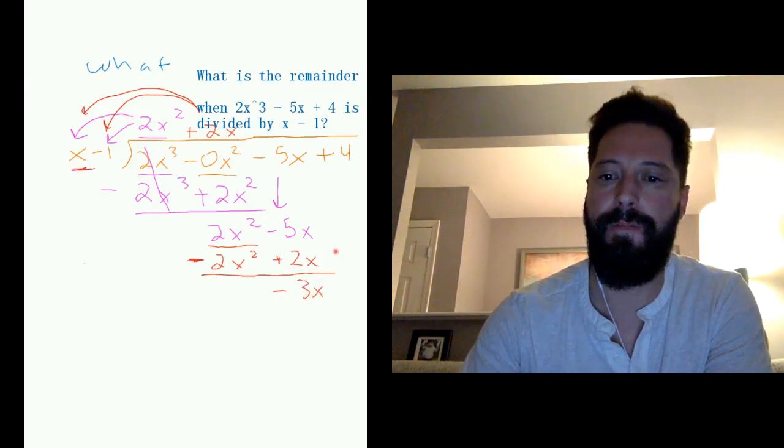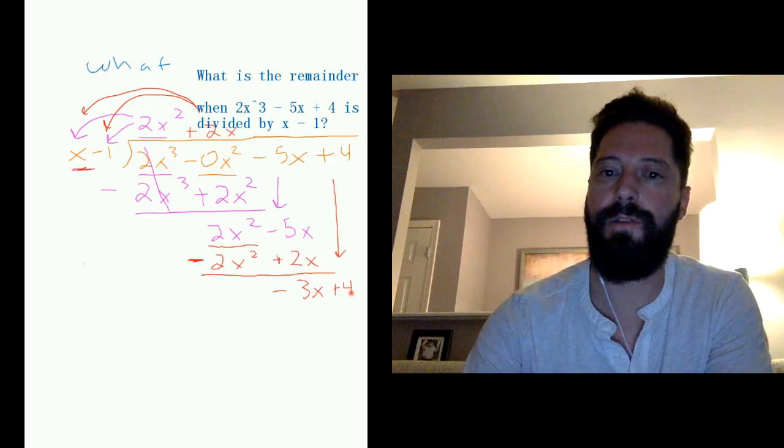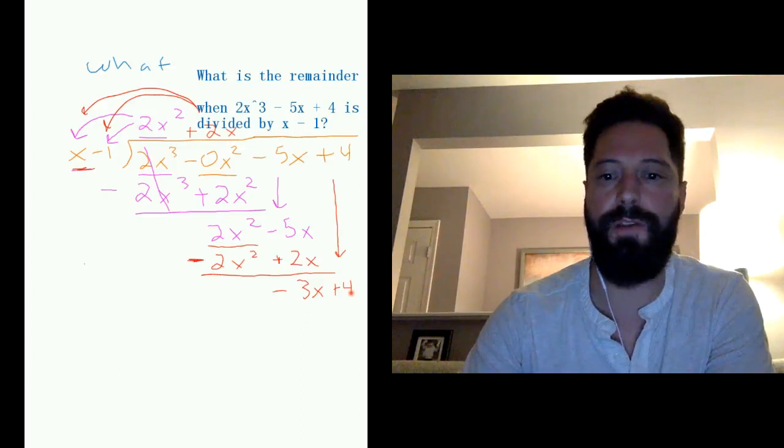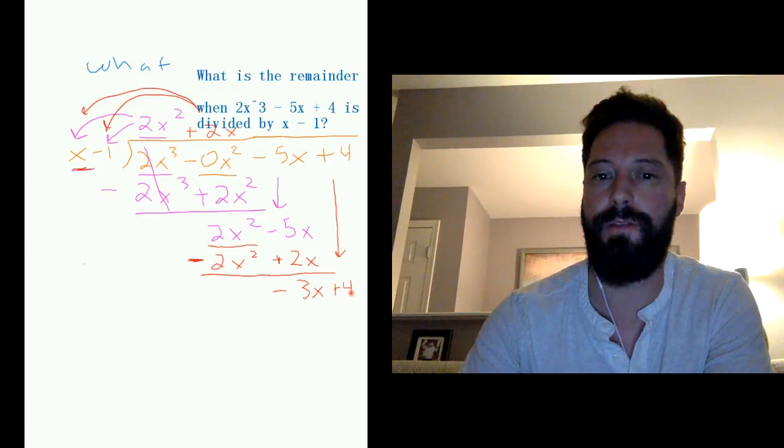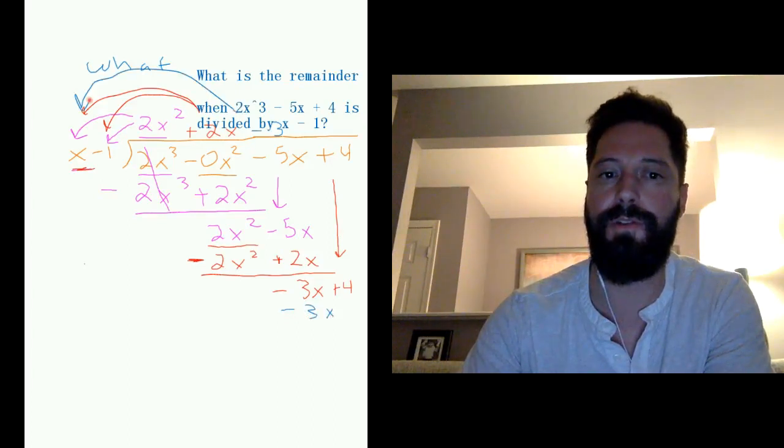Over here, what do we need to multiply x by to make it look like a negative 3x? So that's a minus 3. Goes on the top. Minus 3x comes down because of this distribution that we're doing. And then negative 3 times negative 1 is plus 3. We subtract the whole thing, which means that we just change the signs and add them.